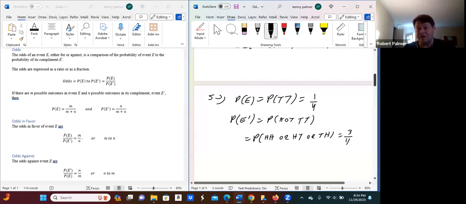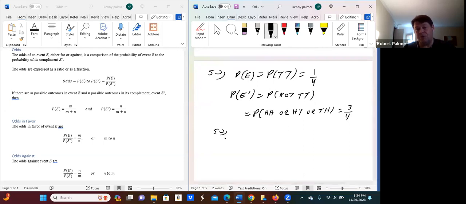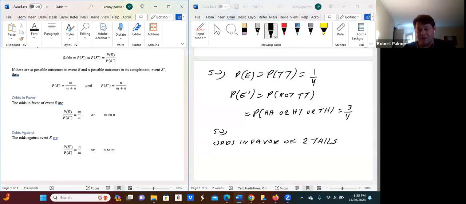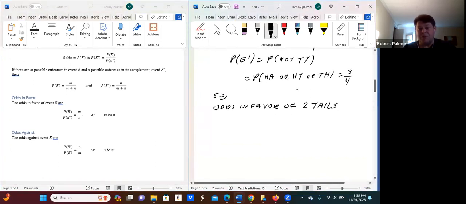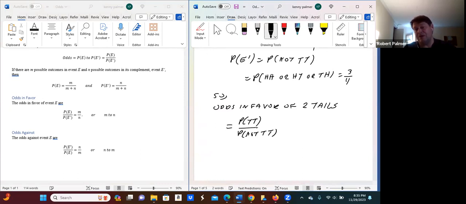Okay, so let's think about the odds. The odds in favor of two tails. Let's go back over here to the left. What that says is we're going to take the ratio of the probability of two tails to the probability of not two tails, not T and T. That's going to be 1/4 divided by 3/4.